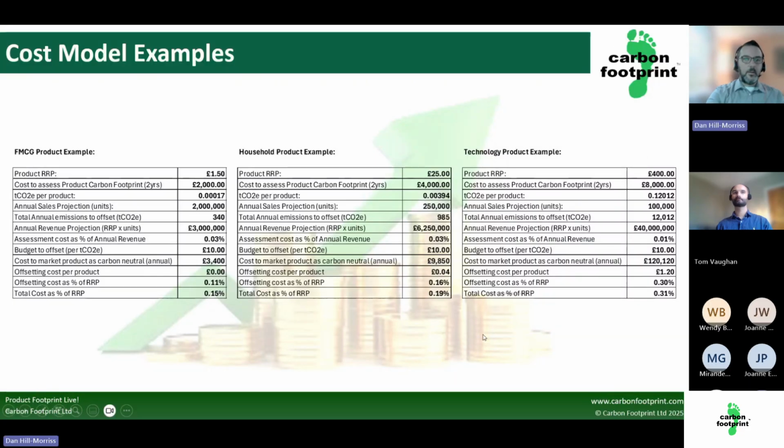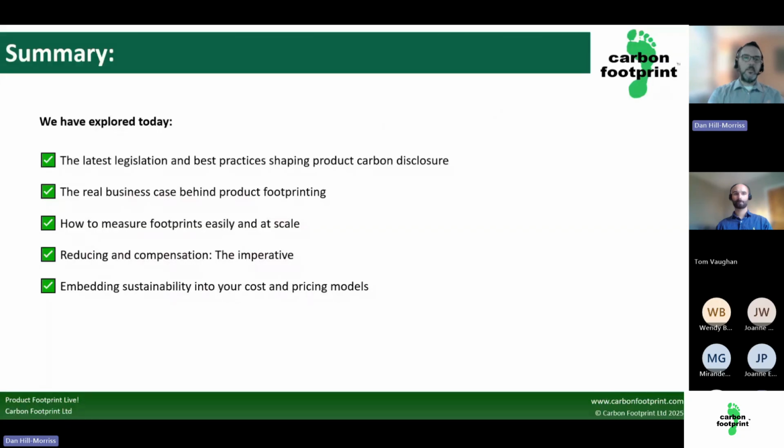And that is our last piece of presentation. So we have touched on all of these items today, like we said. We've looked at the latest legislation. We've glanced at some business cases with Oatly and with the Cheeky Panda and with Loop in there. We've talked about how to approach this, what's the best way to do this.